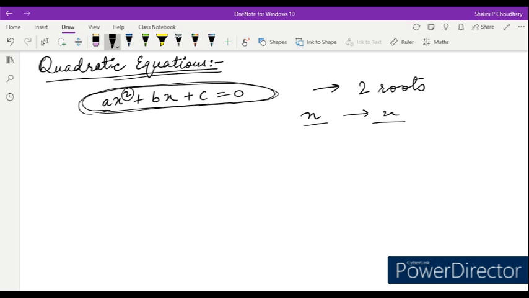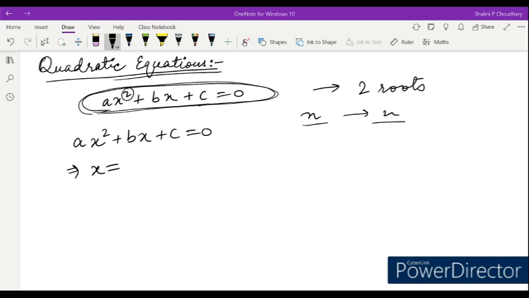Okay. Now, if we are taking this example only, ax square plus bx plus c is equal to 0. In this case, what will be the roots? Roots क्या होते हैं? x के 2 roots होंगे, because degree is 2.